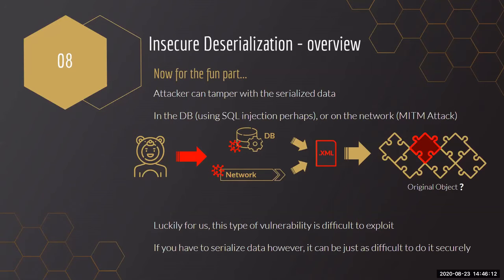It's relatively low risk, but there are certain best practices you have to remember if you want to do it safely. If you have to serialize and deserialize data, which means just messing with XML, JSON, or CSV files in your app, then you need to make sure that you do it safely because it can be difficult to do.